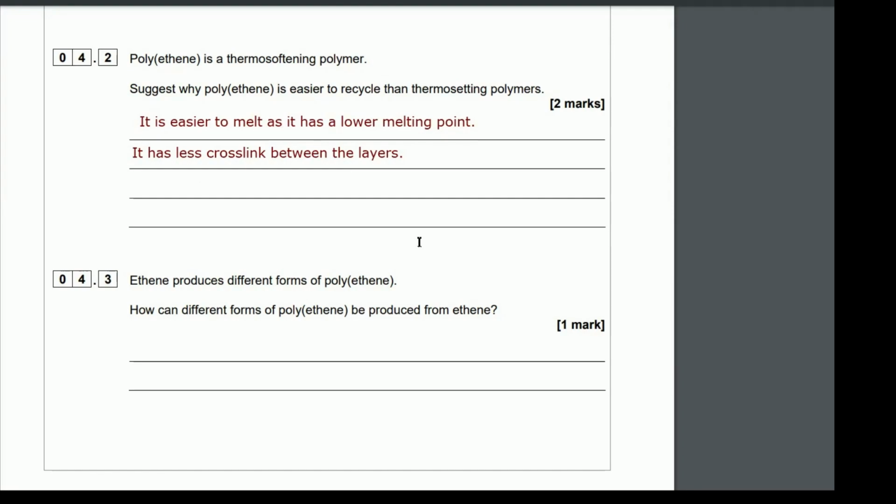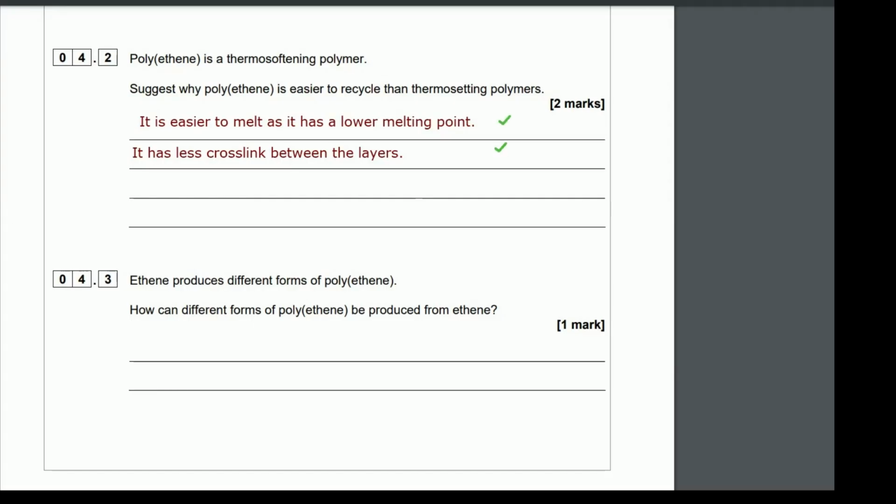Think of a crisp packet or a plastic bag you put your shopping in. That's going to be like thermosoftening, have weaker links. Benefit is it's more flexible. But think about your laptop or your iPad or your mobile phone. The plastic in the case around that is harder, and that is going to be more of a thermosetting plastic with a higher melting point, but also a disadvantage, more brittle, more likely to crack.